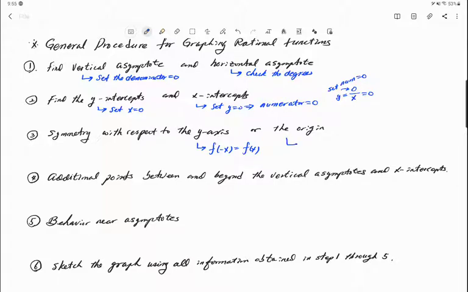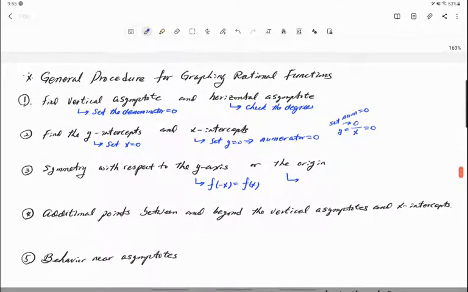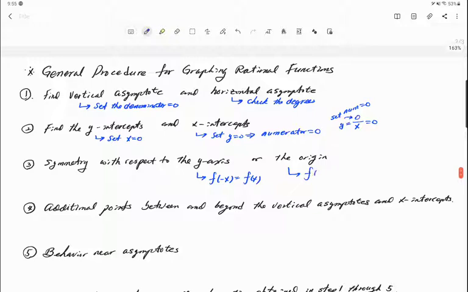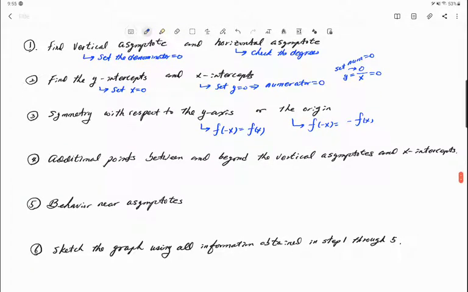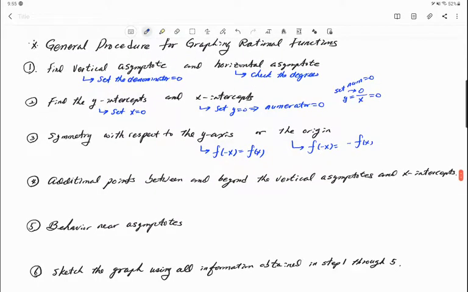How about the origin? Origin means if we plug in negative x, then the result is negative y. Then the graph is symmetric with respect to the origin. That is how we check these things.